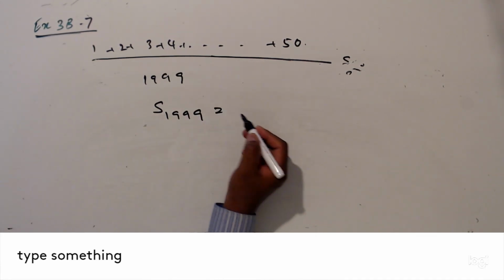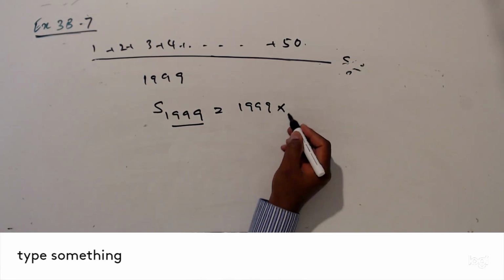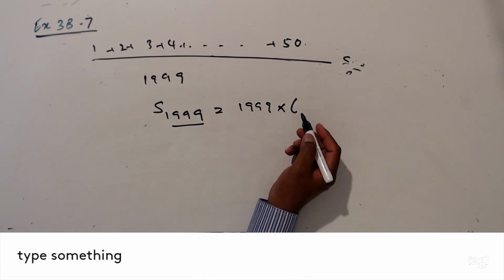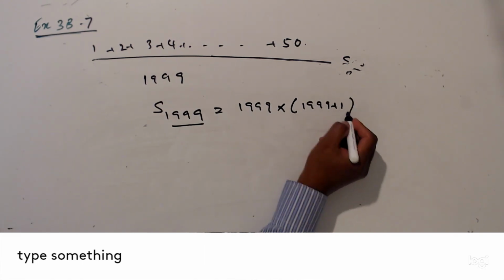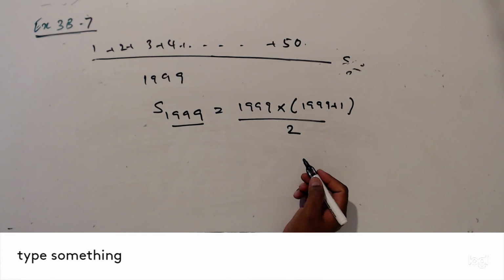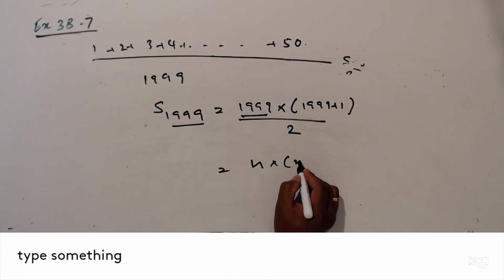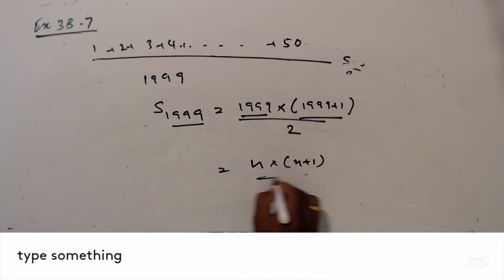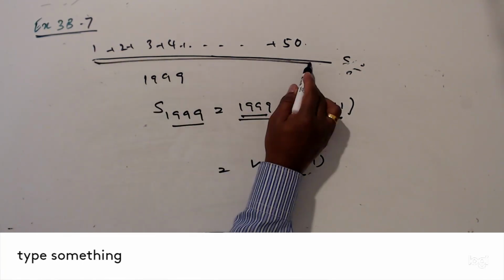Then you have to take this number 199 and add 1. 199 plus 1 and divide by 2, because the formula is n times n plus 1 divided by 2. So this formula is for the natural number series.